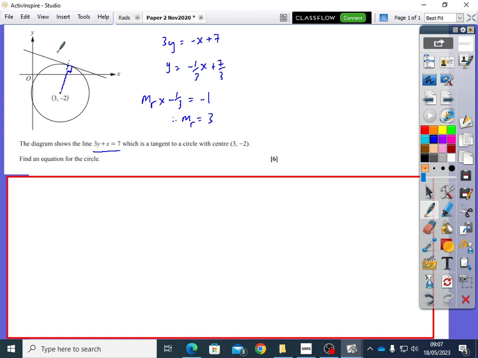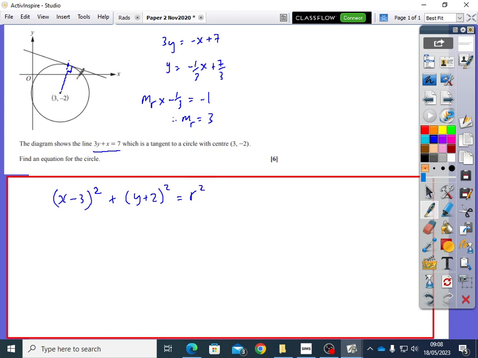So because we want the equation, what we need now is this point. Where did it intersect? I know that the equation of the circle is going to go, there's the center point, so you're going to get (x minus 3) all squared plus (y plus 2) all squared, and that's going to be the radius squared.